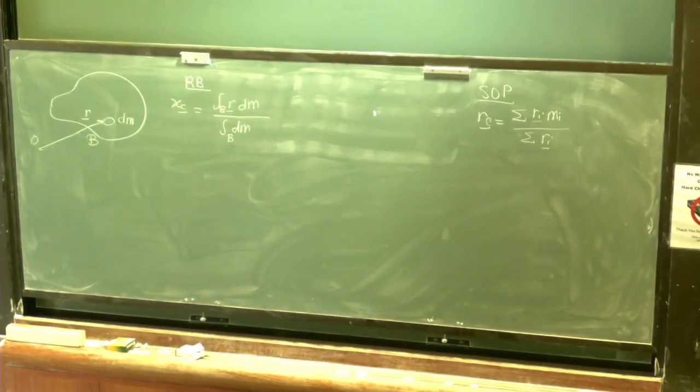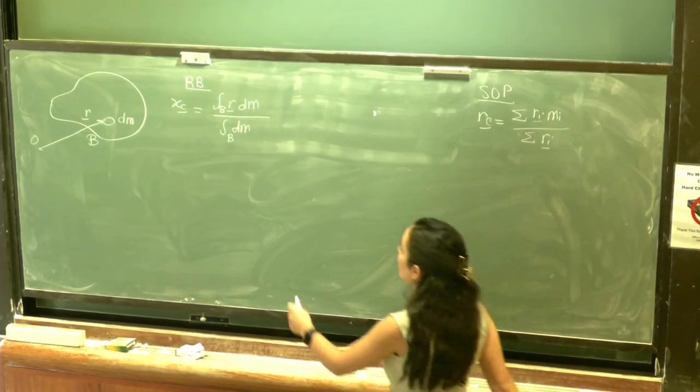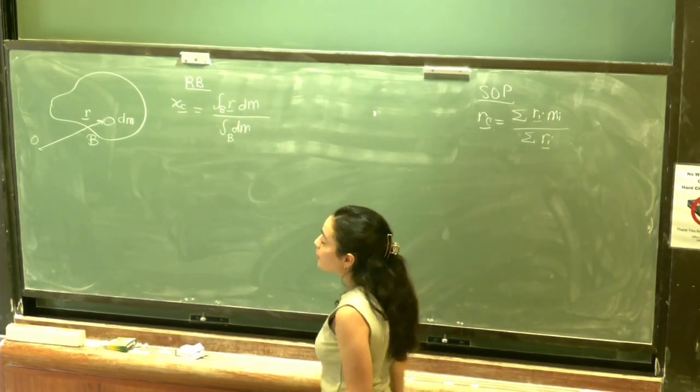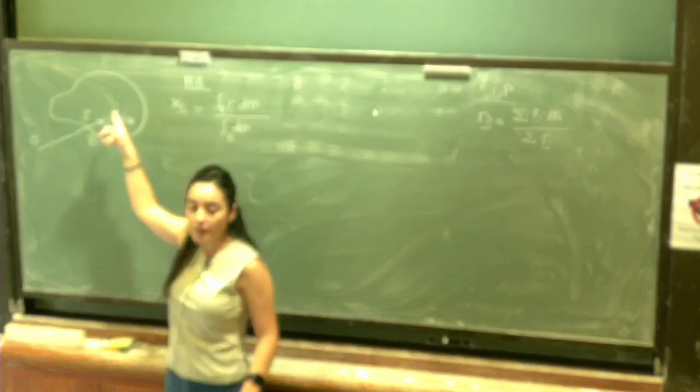So each portion dm of the body has position vector r, and I'm summing over all the differential masses dm of the body, times r, divided by the total mass of the body to get the location of the center of mass. Okay? So r depends on the material point. r depends on this differential dm, right? If I were to change dm, r would change.